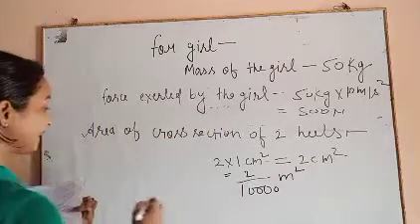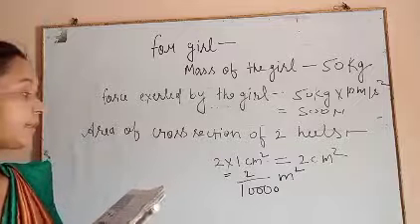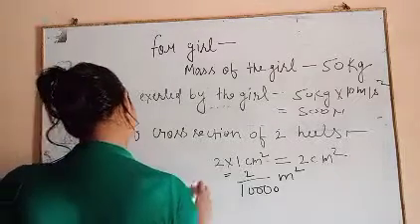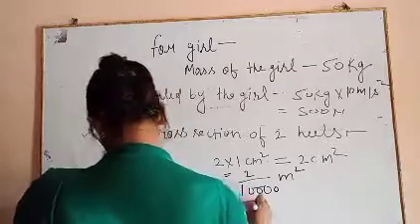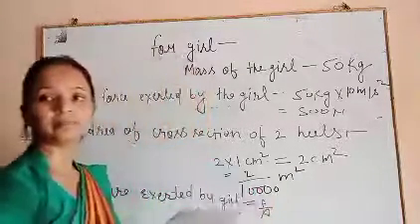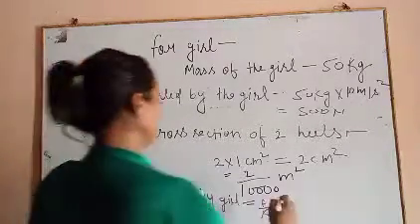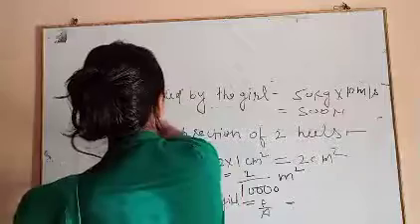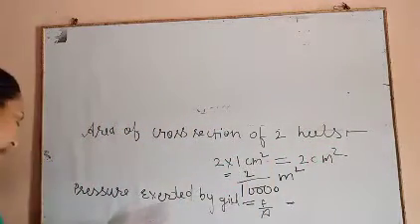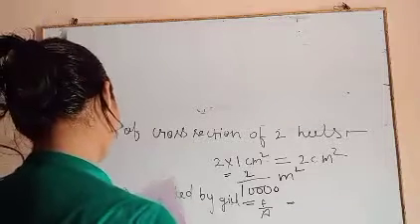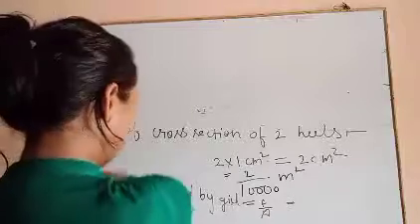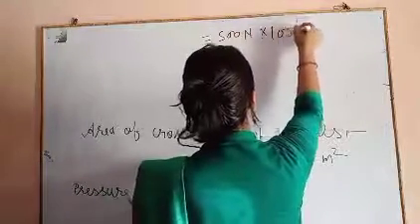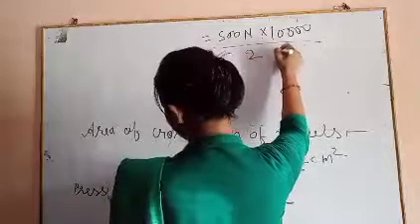Then the pressure exerted by the girl is F by A, that is 500 Newton into 10,000 by 2 meter square.